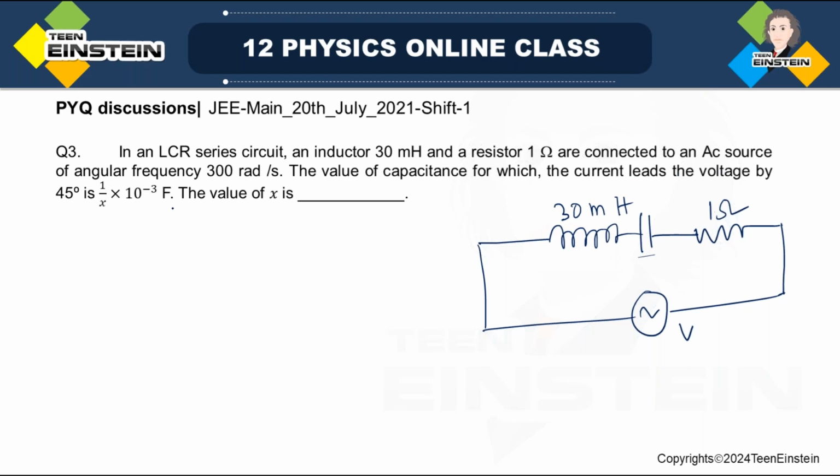It is connected to an AC source of angular frequency omega, which is given as 300 radian per second.